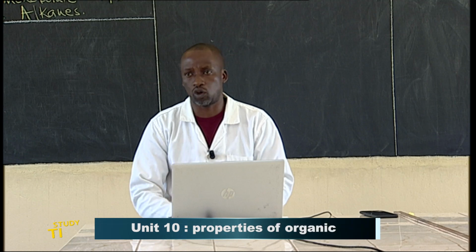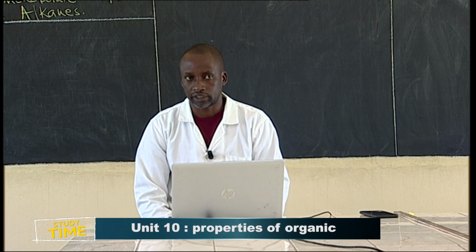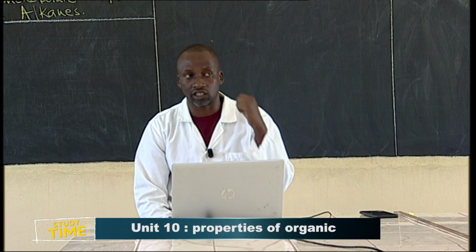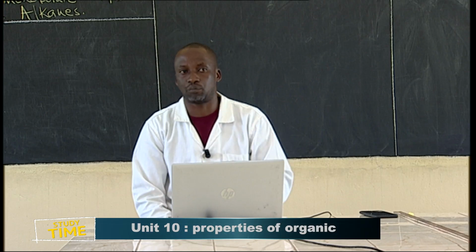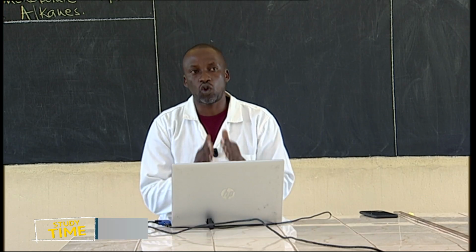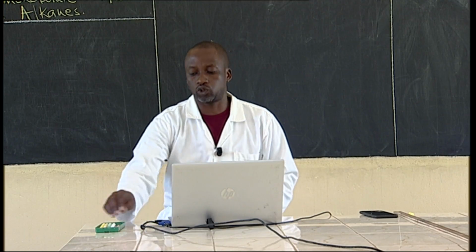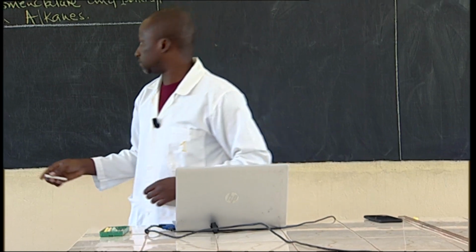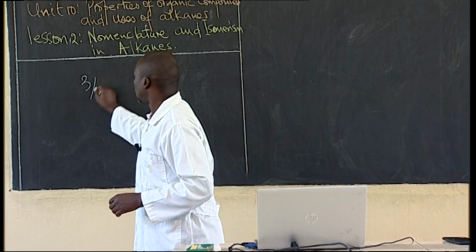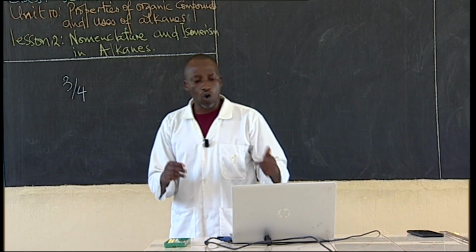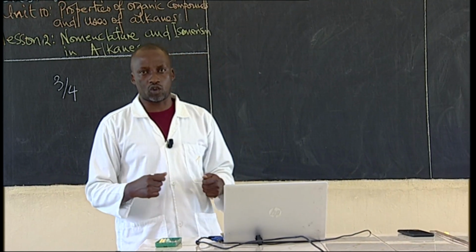What do we mean by the homologous series? As I've said, we talked about this in the previous lesson. This was the last part. So these organic compounds are so many, actually 3/4 of all known organic compounds.